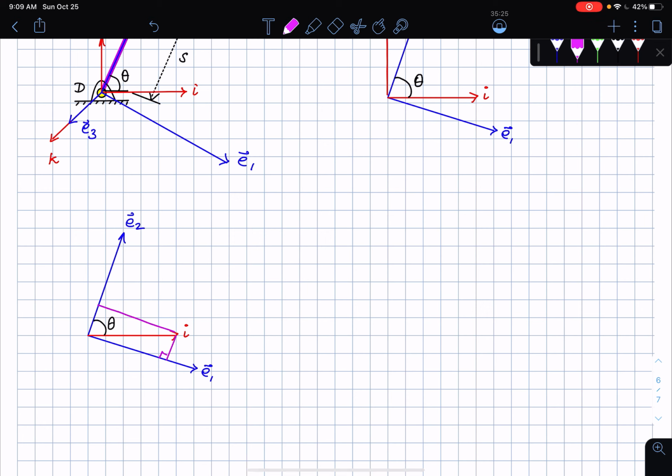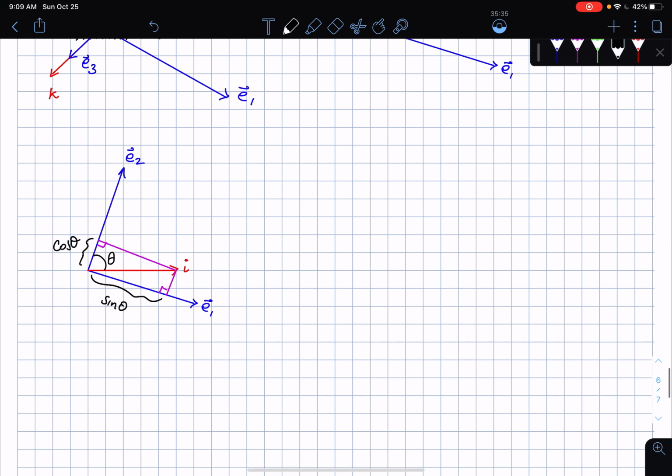What's happening? All right, that's a straight line. Beautiful. So this is going to be sine theta, and this is going to be cosine theta, which tells me that I is going to be sine theta E1 and then cosine theta E2. So that's one coordinate transformation.